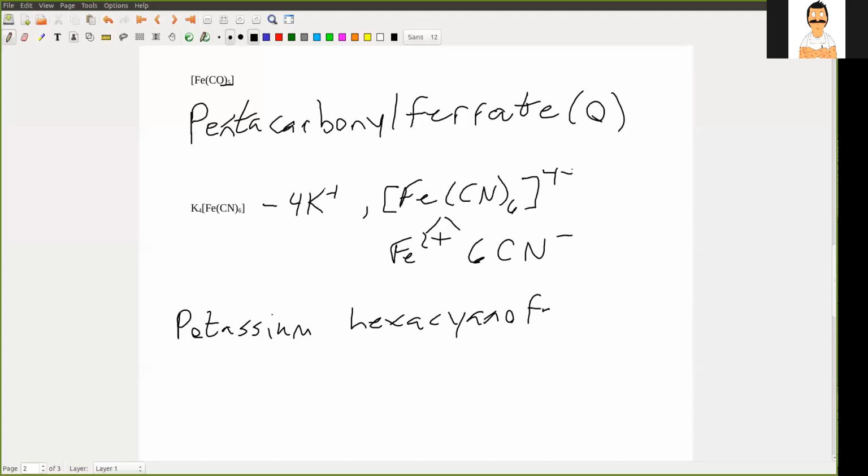So let's call it ferrate. I'm sorry, iron 2, ferrate 2. And you can use iron 2 if you'd prefer. It might be a little easier, but classically they use things like ferrate to denote that stuff. Just like lead would be plumbate and so forth.